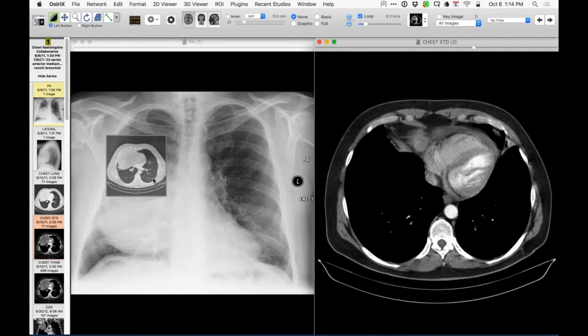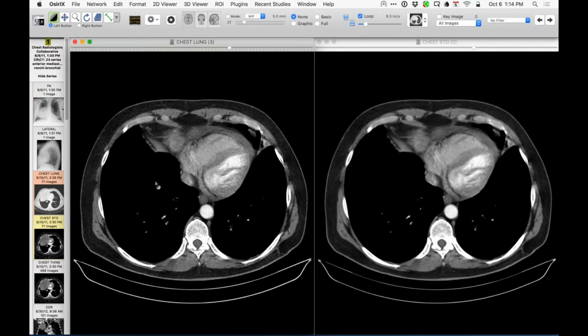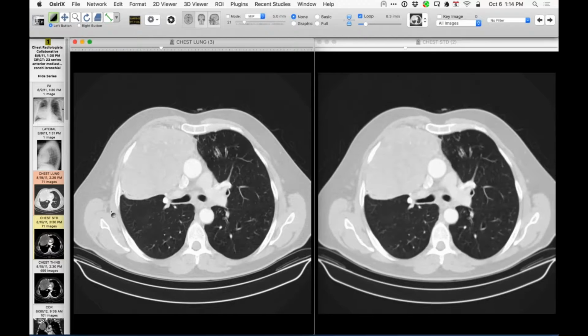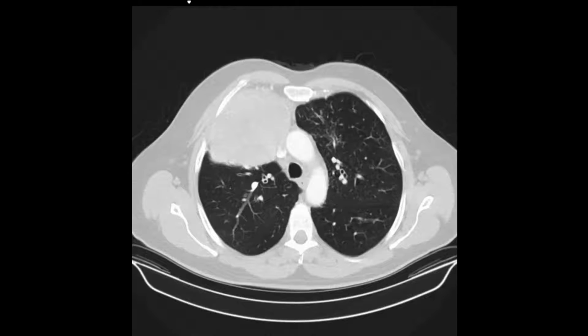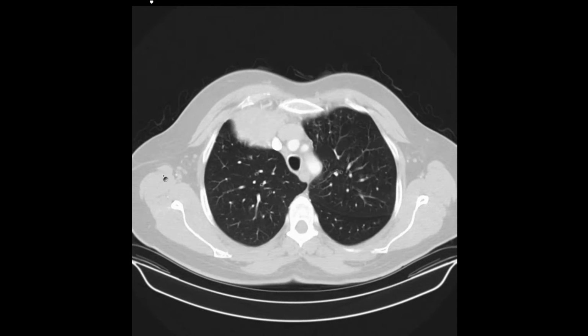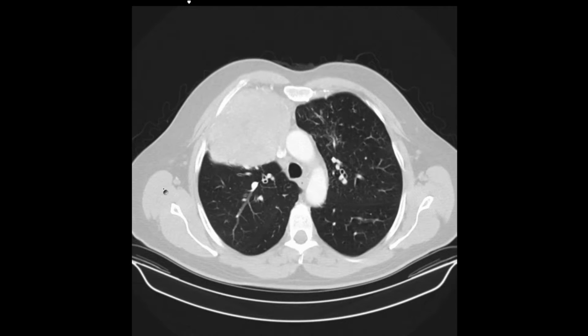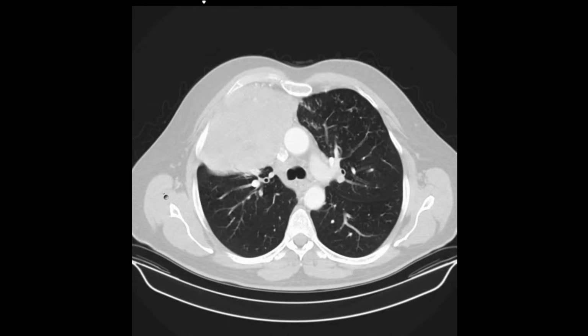So let me bring up the lungs now at that time, and I'll just scroll through there. So in addition to that lesion, let me make this one a bit bigger. Take a look at the bronchi and bronchioles. As I scroll through this, you'll see there's bronchial wall thickening involving multiple generations of segmental bronchi.